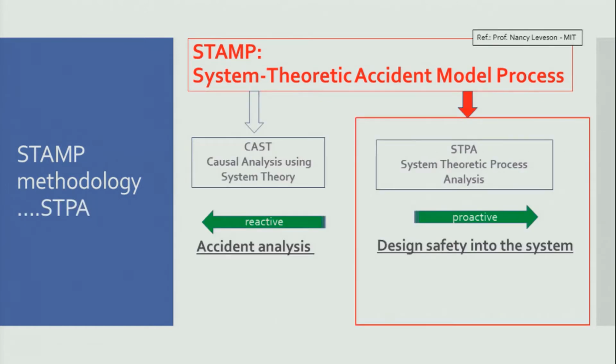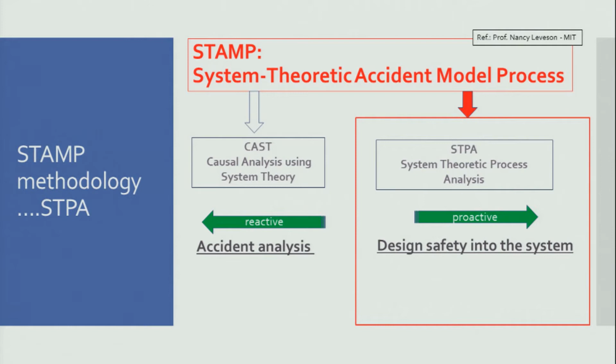Actually, the STAMP methodology is based on two different approaches. One is STPA, that is the one that we are going to discuss today, and the other one is CAST. CAST is most useful for analyzing incidents and accidents when they have already happened, so it is in some way reactive.